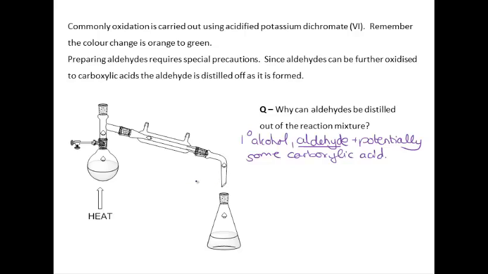We need to think about the intermolecular forces that are present in these molecules and the relative strength of these. Both the alcohol and the acid will have hydrogen bonding as the strongest intermolecular force, but for the aldehyde, the strongest intermolecular force is likely to be dipole-dipole.